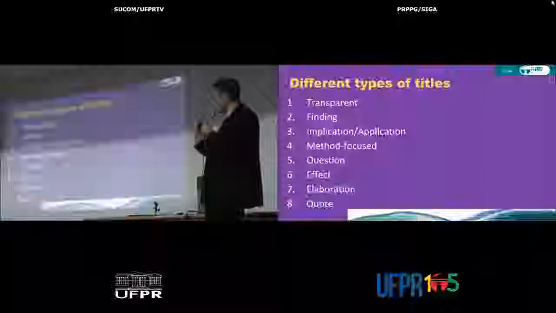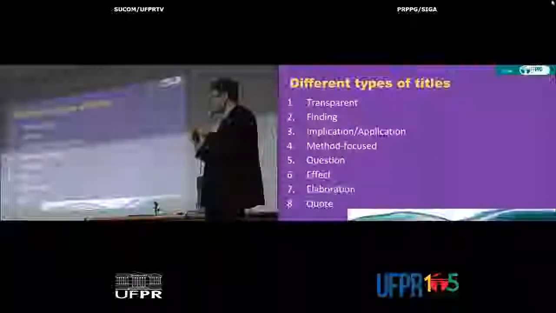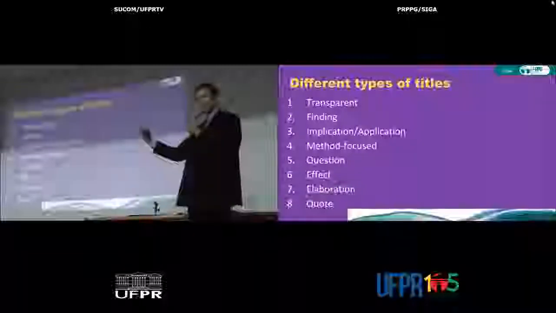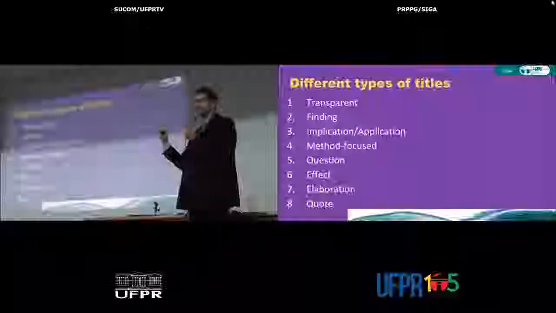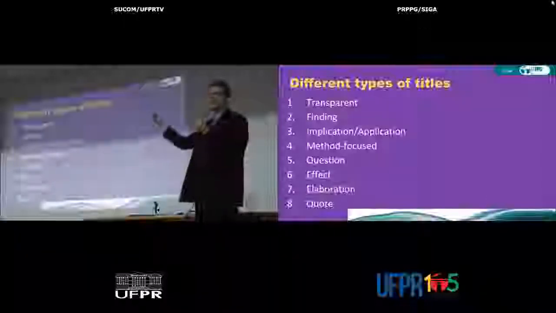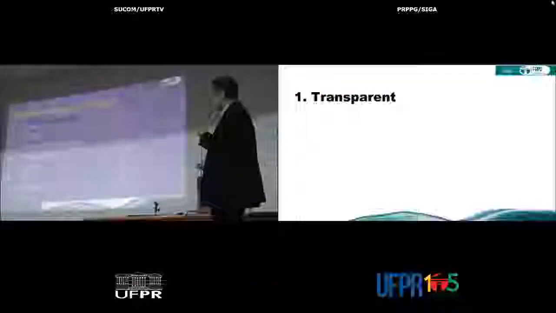Fourth one, method focused. 5, a title that is a question. Number 6, a title that focuses on the effect. Number 7, one that has an elaboration explaining more about the title. And then number 8, one that includes a quote. And then there are many titles that are kind of a mix of these. So let's go one by one.